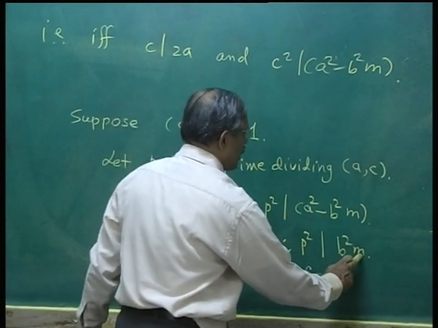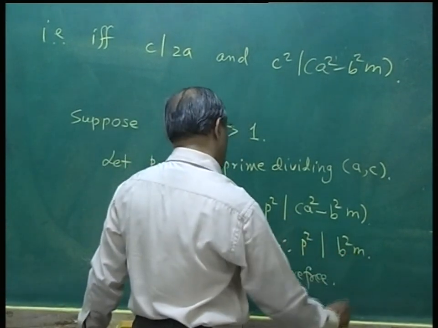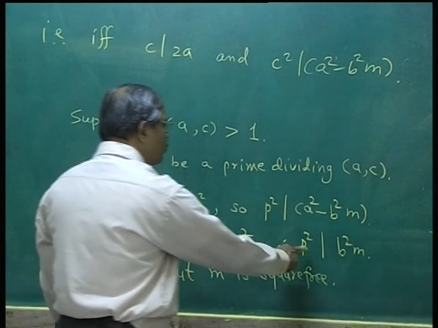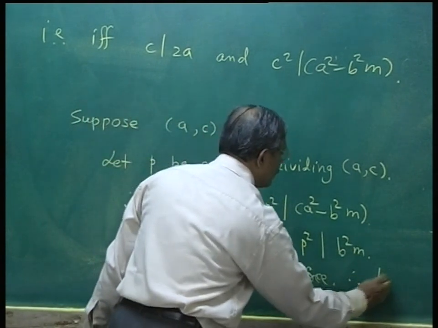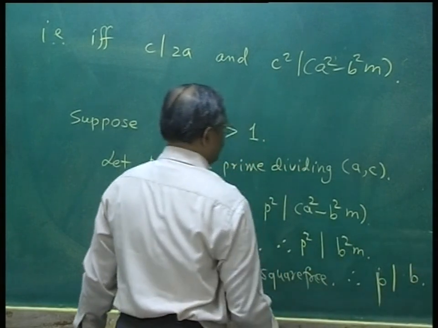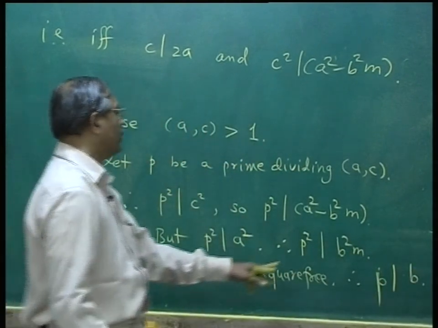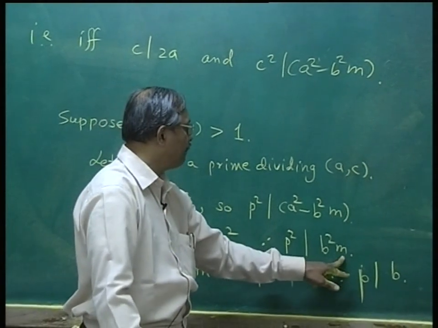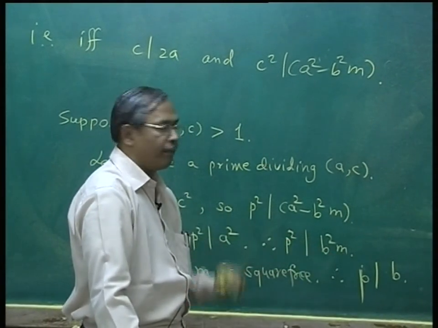Therefore, p has to divide b. Even if p divides m, p square cannot divide m.